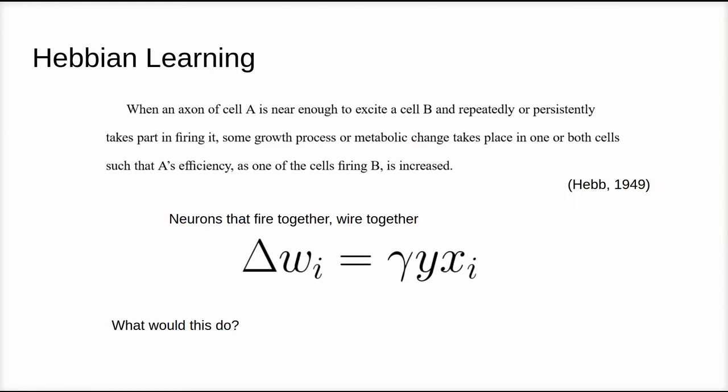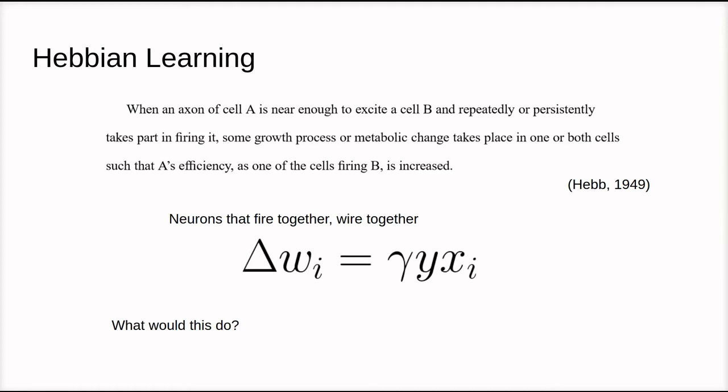That is to say, if it seems likely that the firing of A and then the later firing of B are correlated, and I'm using the term correlated loosely here, then we should think that the weight that the downstream neuron B gives to the input neuron A should be increased.